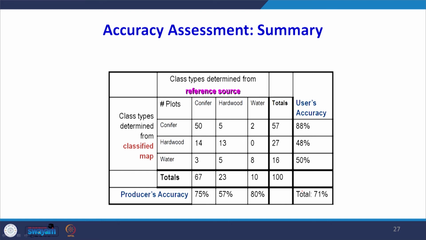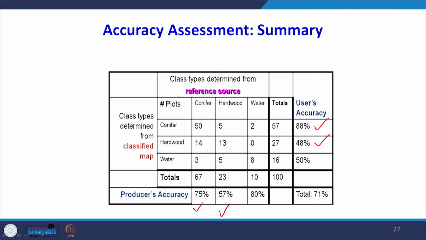Once we carry out the accuracy assessment, let us see the summary of this contingency table again. The user accuracy of the coniferous is 88%, but the producer accuracy is 75%. For hardwood, the user accuracy of 48% is poor, but the producer accuracy is higher at 57%.